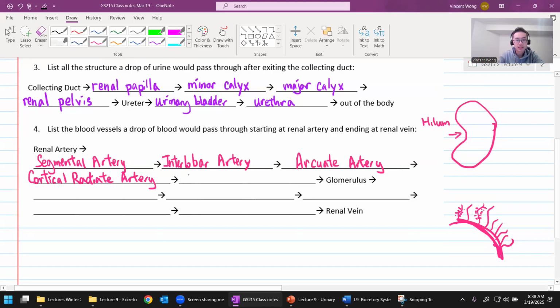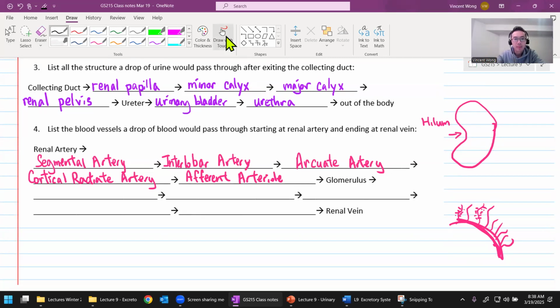That is going to be the afferent arteriole. And each afferent arteriole will feed into our glomerulus, which is a network of capillaries, right? Inside of the Bowman's capsule.